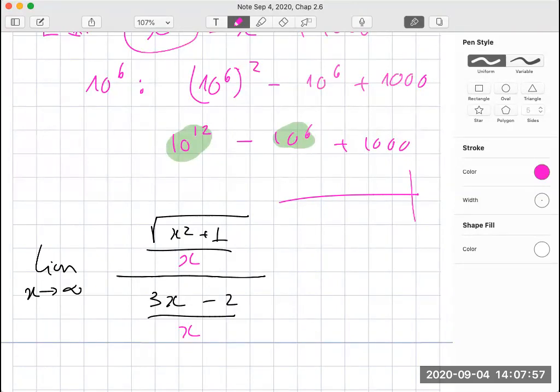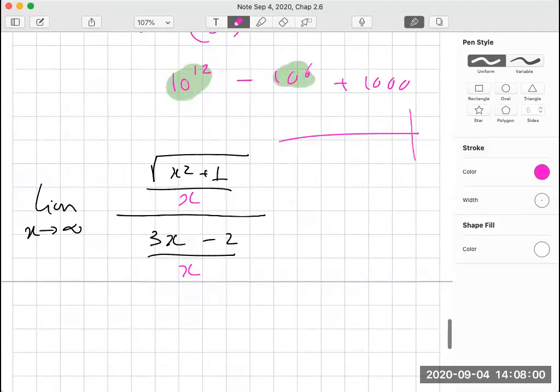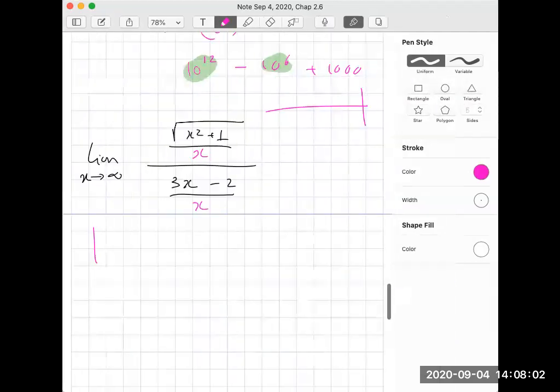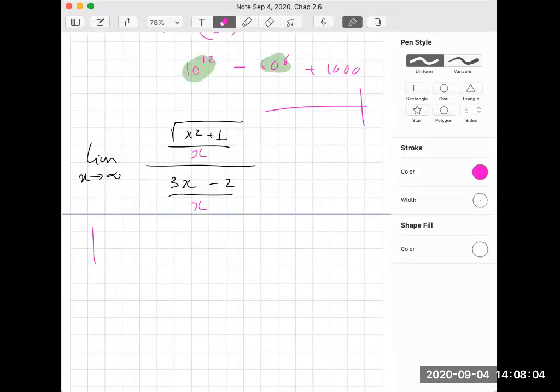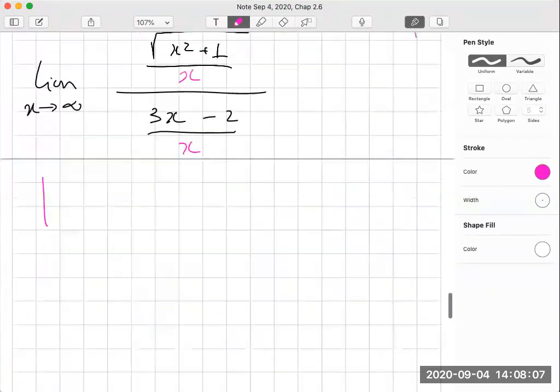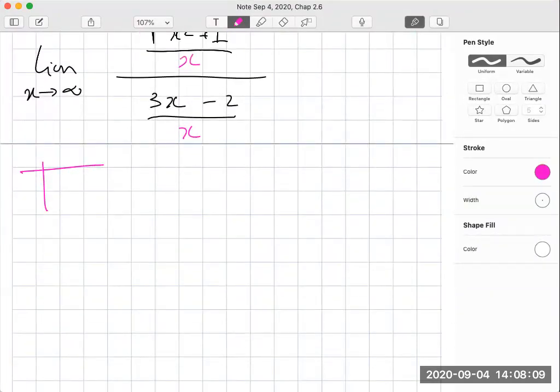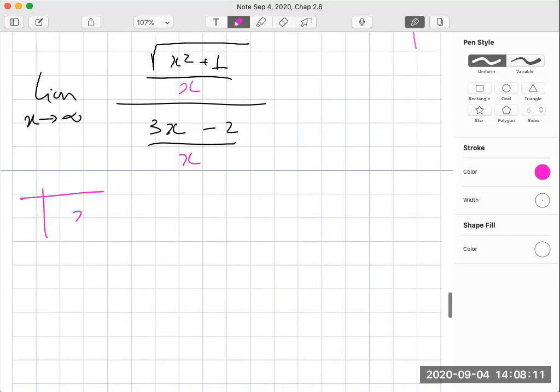And now we should be careful. x is approaching infinity. So we know that when x is going to infinity, it should be larger than 0. Then we remember square root of x squared is absolute value of x. When x is positive, then absolute value of x becomes x.